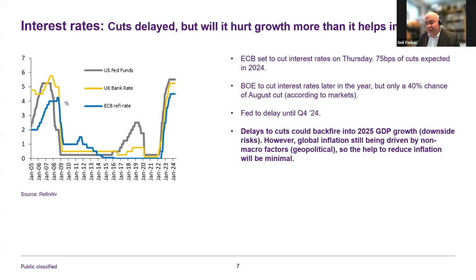But if the Federal Reserve delay, then I think that brings about potential downside risks to growth in 2025. It certainly reduces any domestic inflation pressures that we're likely to see in the US or the UK or indeed in Euroland. So delays now will have consequences in terms of future years and inflationary pressures from a domestic angle, at least, that we're likely to see.